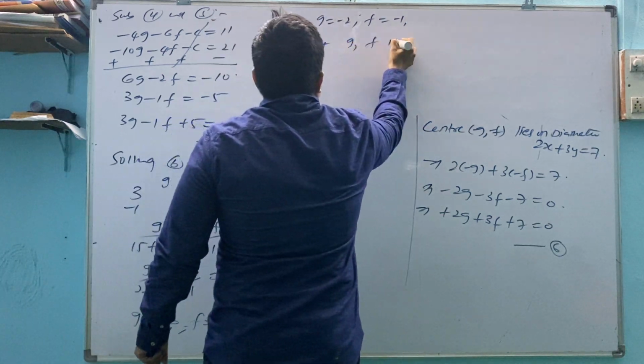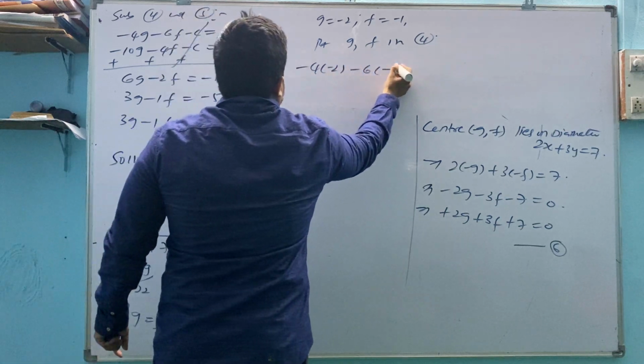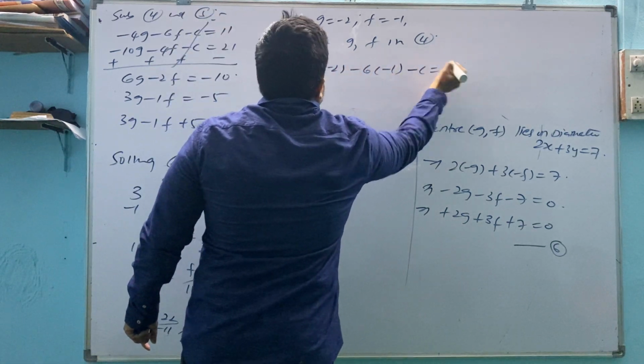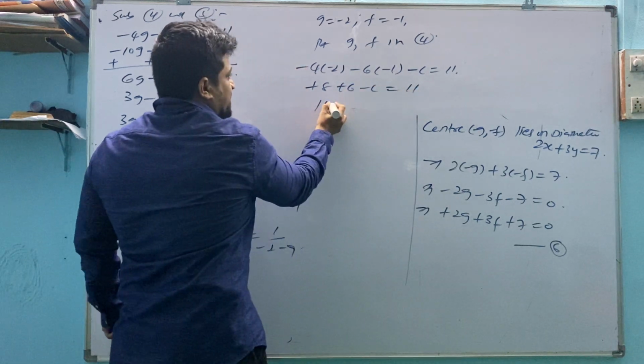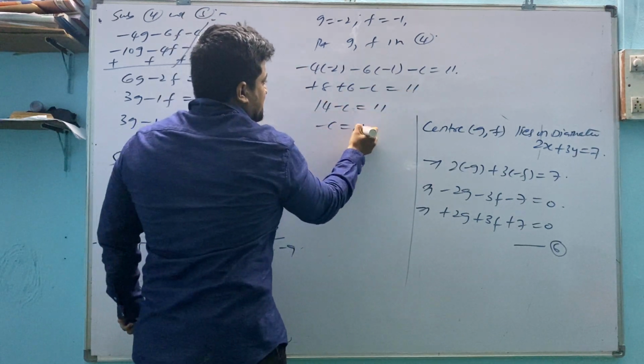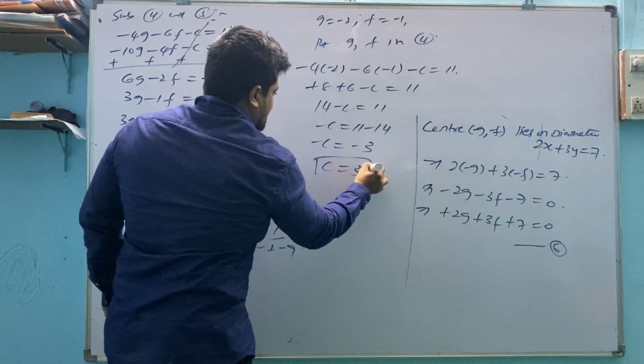Put g, f in the 4th: minus 4g minus 6f minus c is equals to 11. 8 plus 6 minus c is 11. We have 14 minus c is 11. Minus c is 11 minus 14. Minus c is minus 3. c is equals to 3.